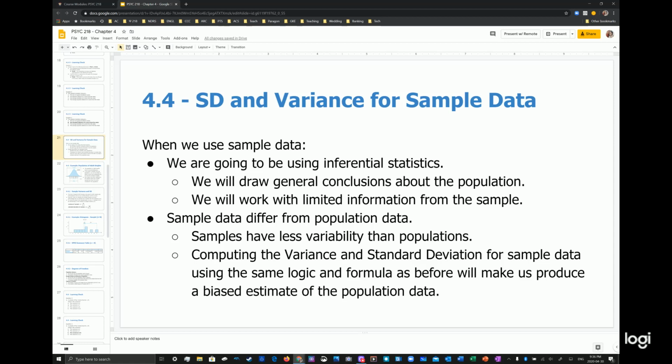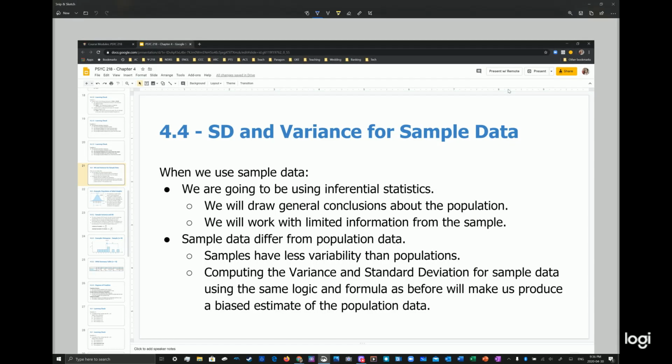And inferential statistics always involves sample data. Either by comparing a sample with a population, or inferring from the sample about the population, or comparing samples. And so when we work with the standard deviation and variance of sample data, we need to take special considerations.